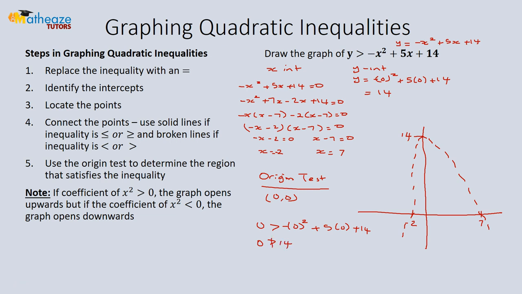So the origin does not satisfy our region. Now this is how we're going to show that. The origin is inside the graph, so everywhere outside the graph right here is going to be the region that satisfies our inequality.